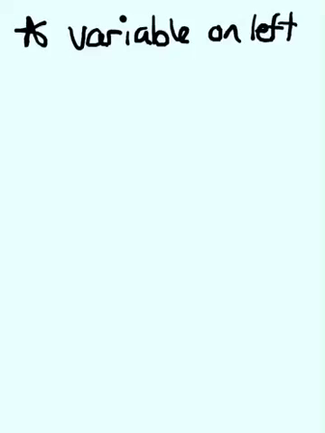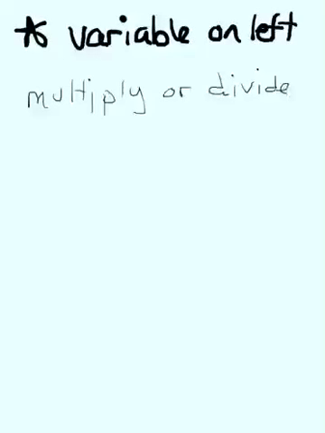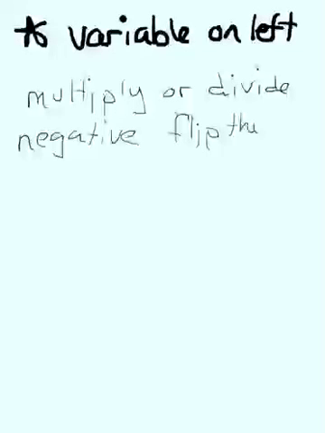The only exception is when you multiply or divide by a negative. Then you flip the sign. So that should go on those blanks. When you multiply or divide by a negative, you're going to have to flip the sign.